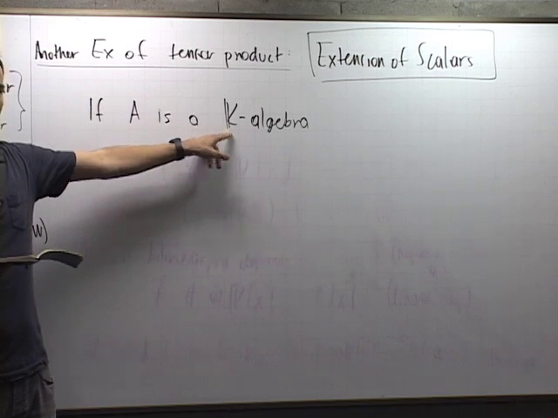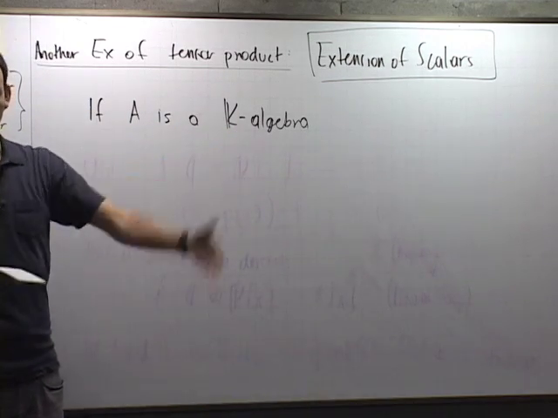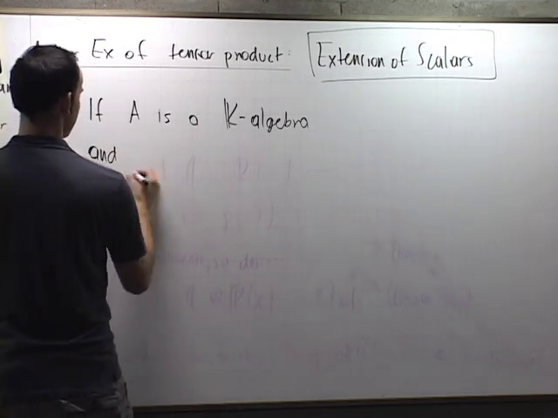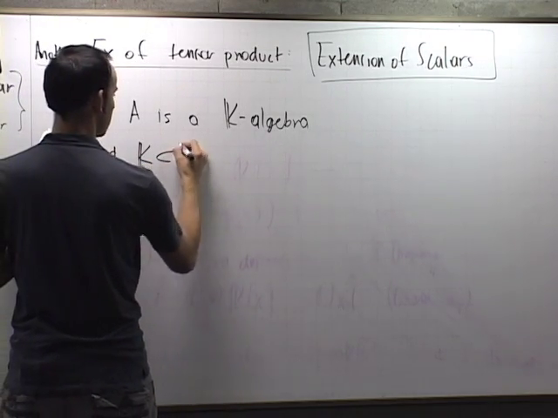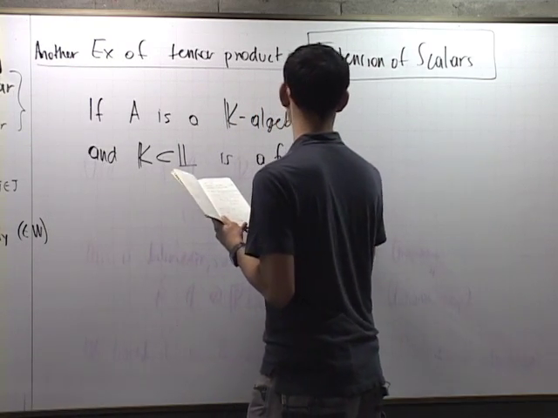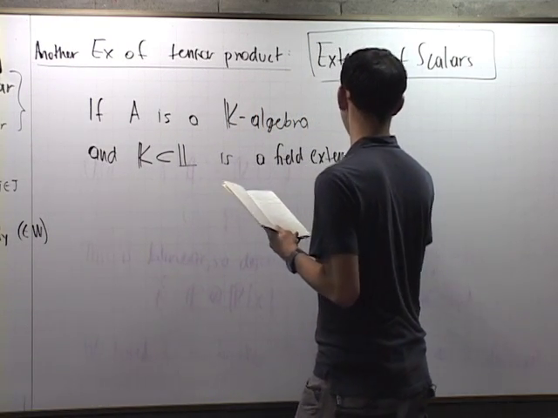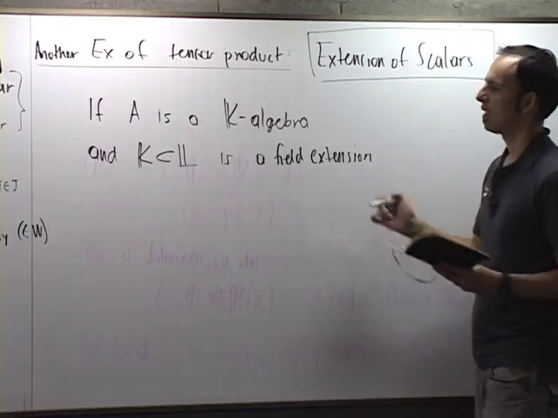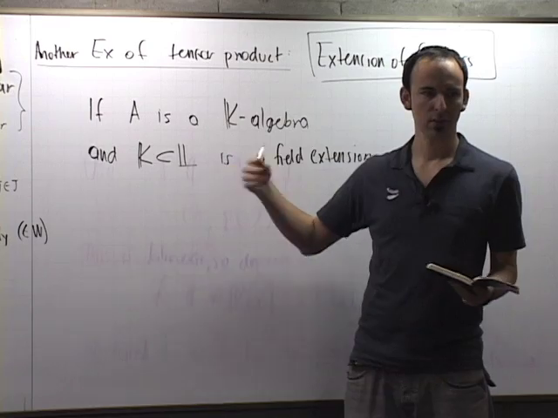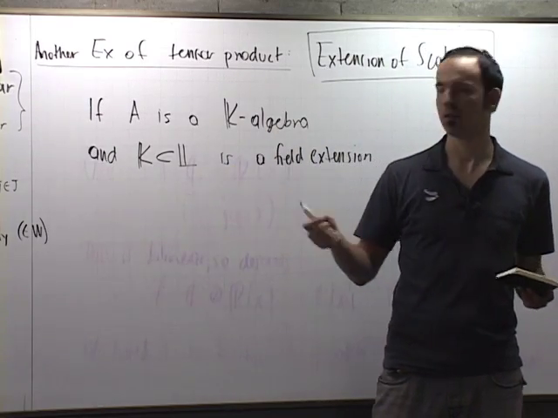And you say, actually, I want more scalars. For example, I want to introduce the complex numbers. Okay. So let's say that you have some bigger field, some field extension L. Then how can I somehow introduce the bigger set of scalars to A?